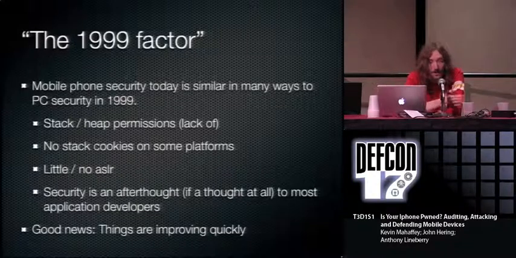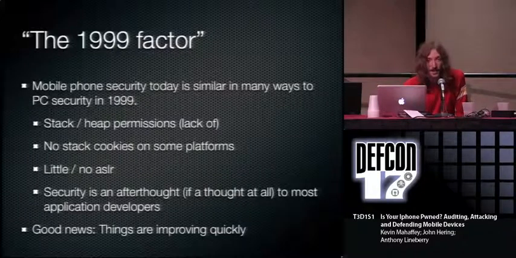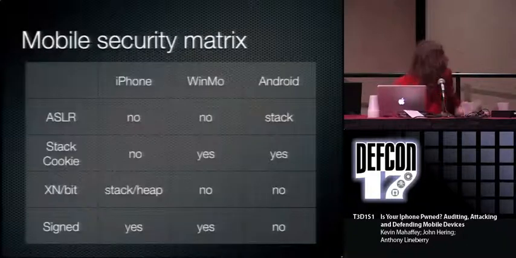We didn't have heap and stack protections back then. x86 back in the day did not have non-executable bits for pages. ARM does. They have the XN bit, the execute never bit, but a lot of mobile operating systems are not using this currently.